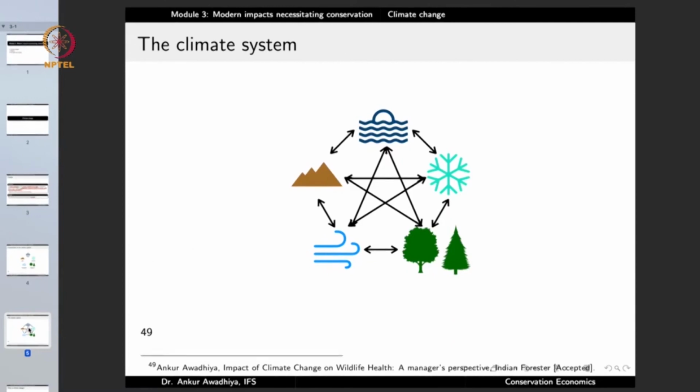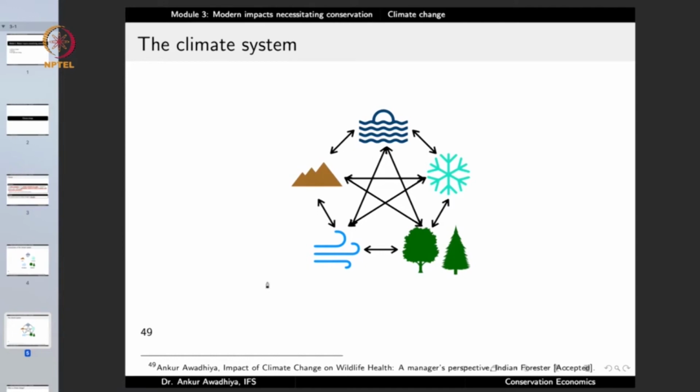So, for instance, if there is a change in the wind condition, then there might also be certain changes in the biotic composition of an area. Or when the winds blow over the mountains, then there are changes such as reduction in the temperature, snowfall in the area. So these five components continuously interact with each other.